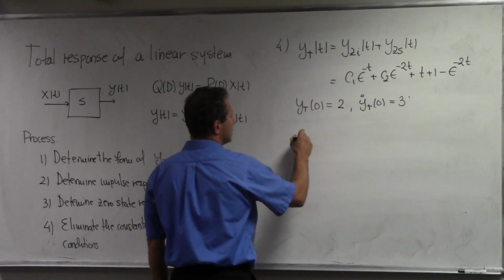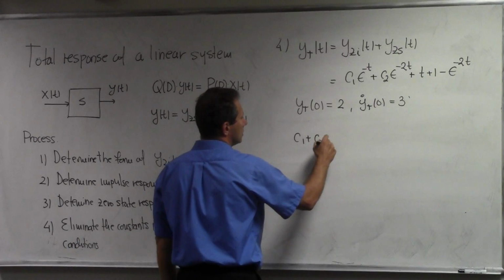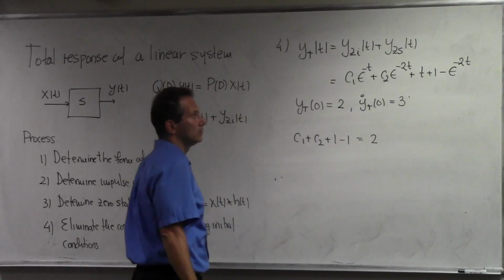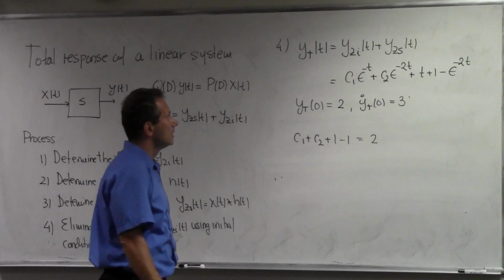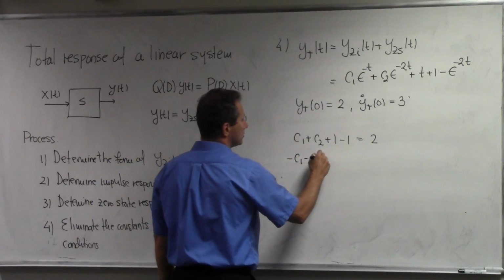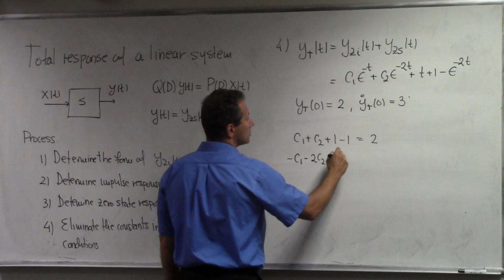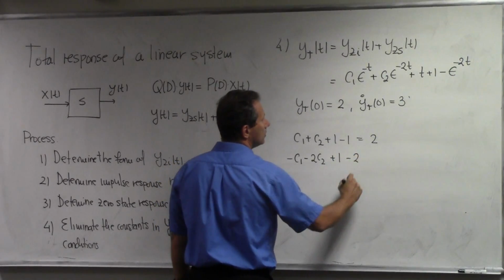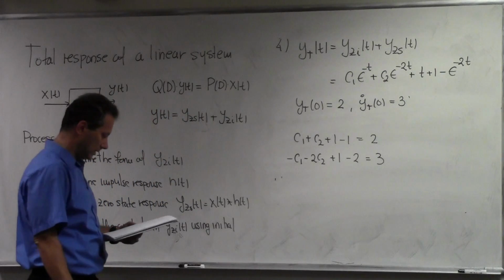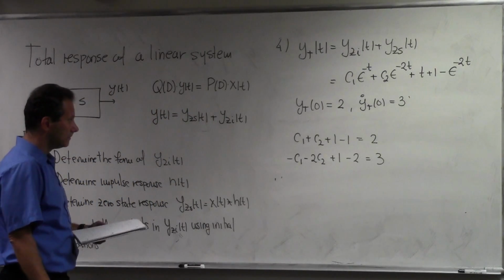From the first equation, you get C1 plus C2 plus 1 minus 1 is equal to 2, right? For t equal to 0. And then if I take the derivative of this, I get minus C1 minus 2C2 plus 1 minus 2 is equal to 3. Did I do everything correct?